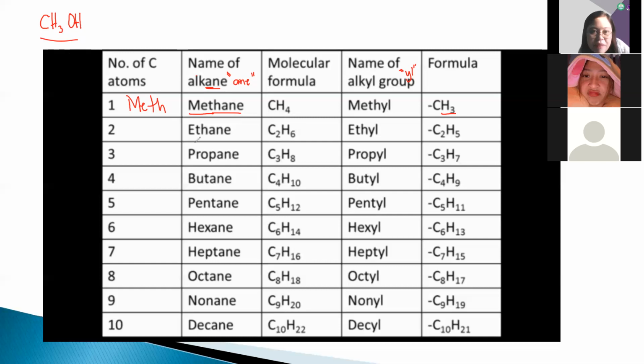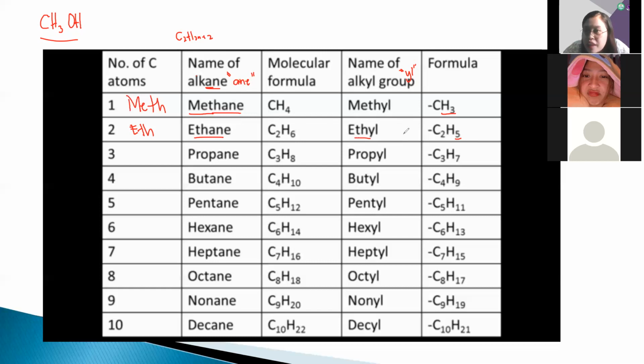Okay? And then pag 2 carbons naman, the prefix will be eth. Again, for 2 carbons, the prefix will be eth and then the ending ane, so we call it ethane. So for ethane, di ba our general formula is CnH2n+2. So 2 times 2 is 4 plus 2, 6. So tama ito, C2H6. Pero pag binawasan natin ng isang hydrogen, naging C2H5 na lang siya, we call it ethyl.